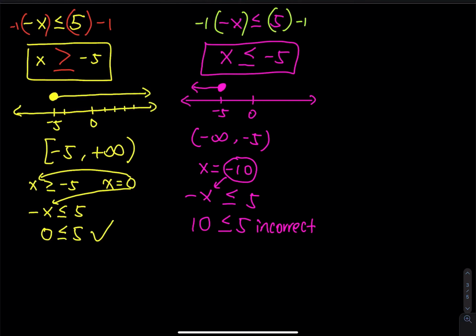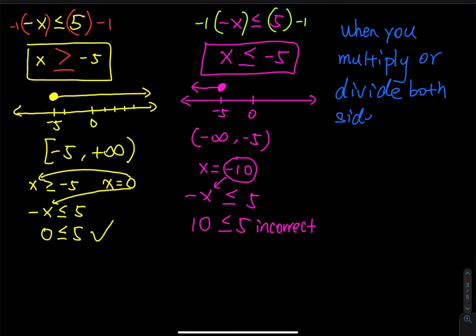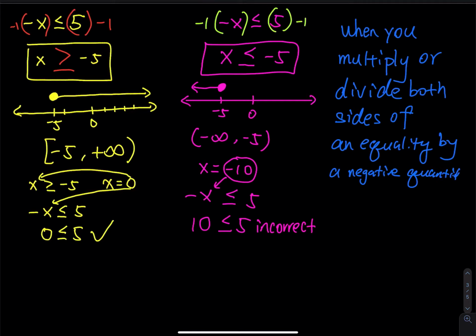When you multiply or divide, these operations only, both sides of an inequality by a negative quantity, you have to reverse the direction of the inequality symbol.